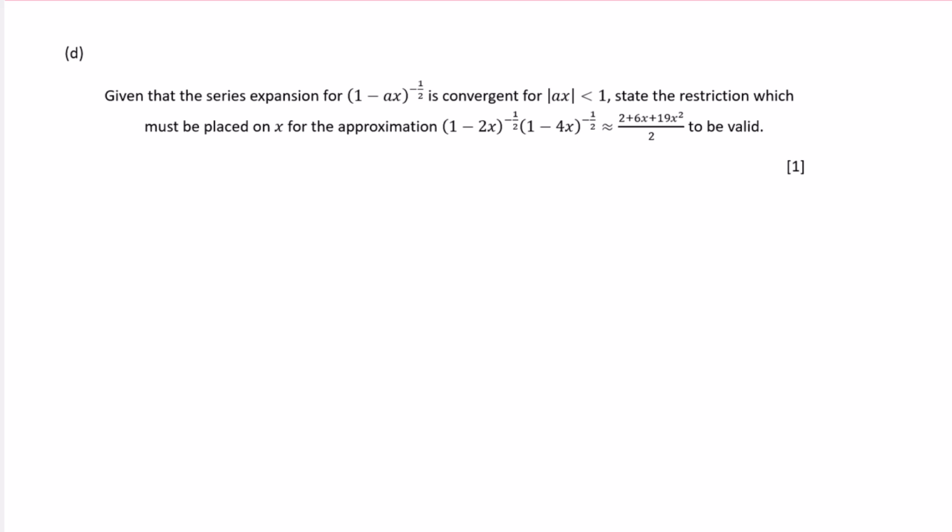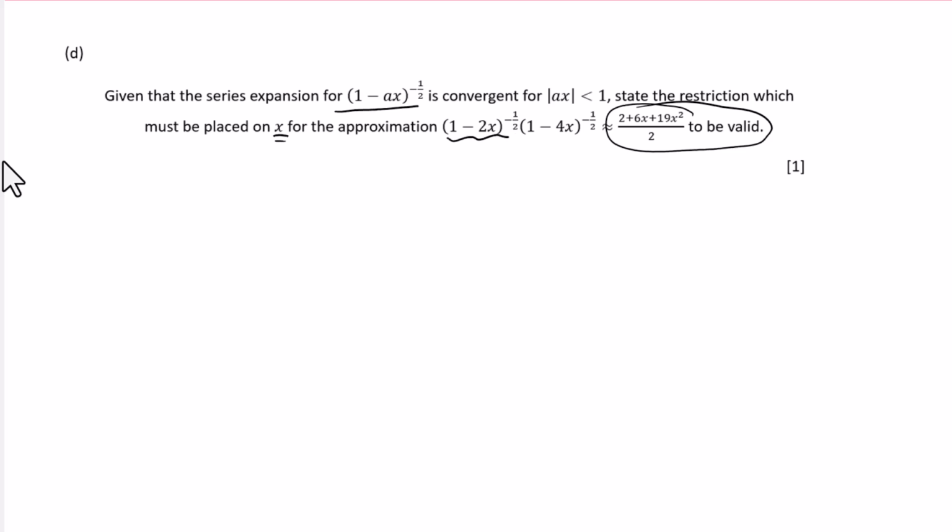Let's go to D. Given that the series expansion for this is convergent for absolute value of ax less than 1, state the restriction which must be placed on x for the approximation of 1 minus 2x to the power of negative 1/2 times 1 minus 4x to the power of negative 1/2 to be valid.